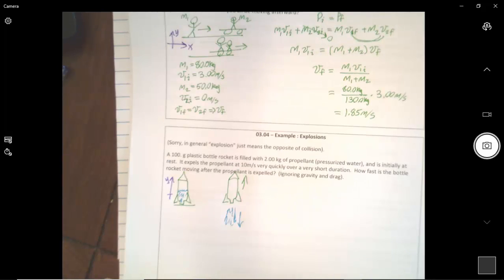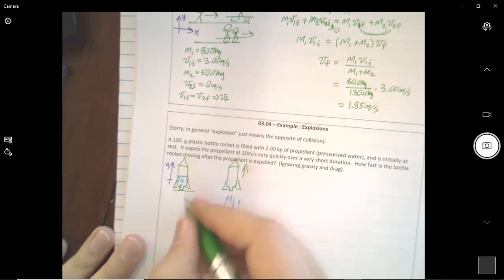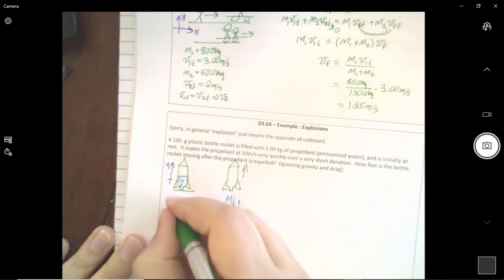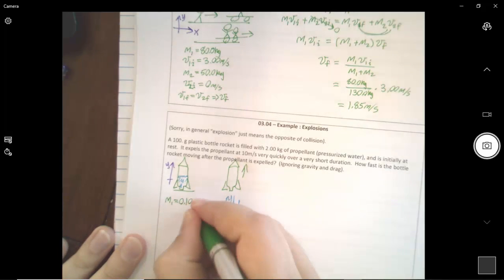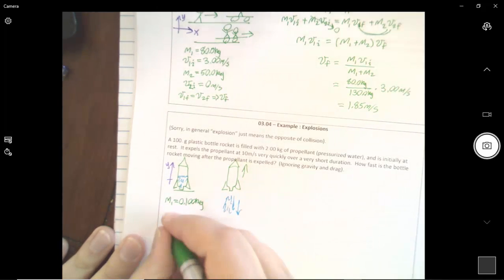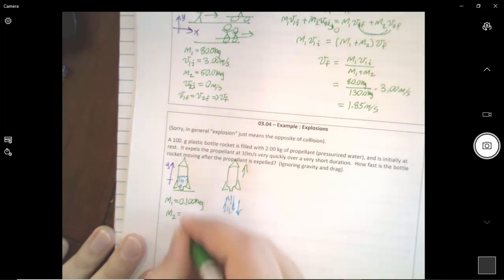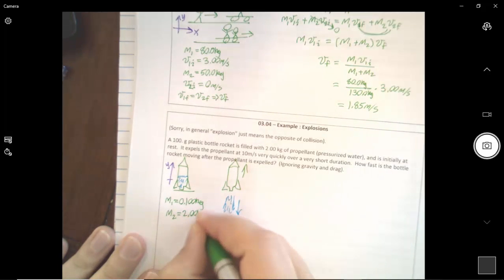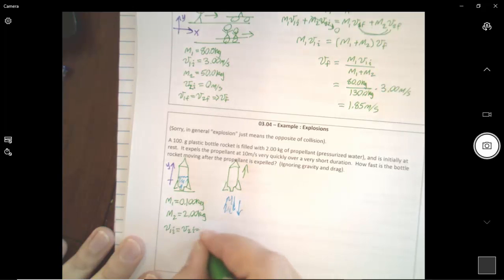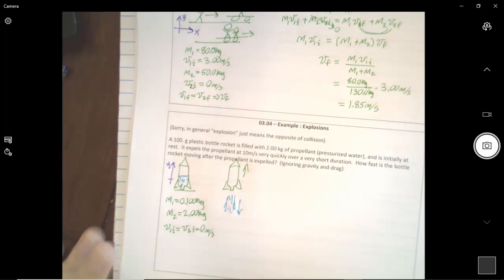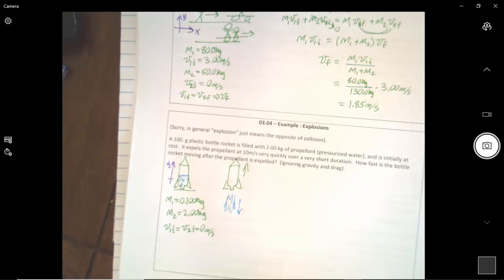Okay, so let's define our values. So M1 will be the bottle, so that's 0.100 kilograms. M2 will be the water, 2.00 kilograms. And V1I is equal to V2I is equal to 0 meters per second because they are both stationary on the ground when you set this thing off.